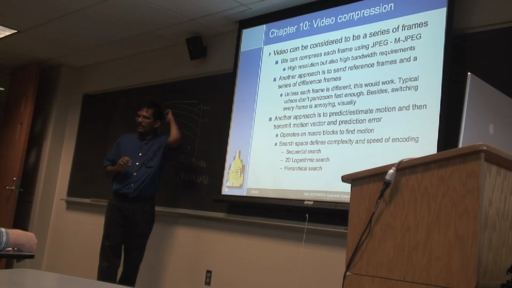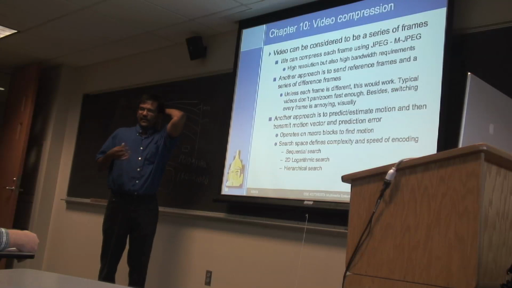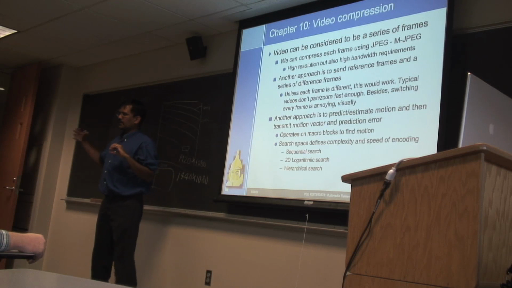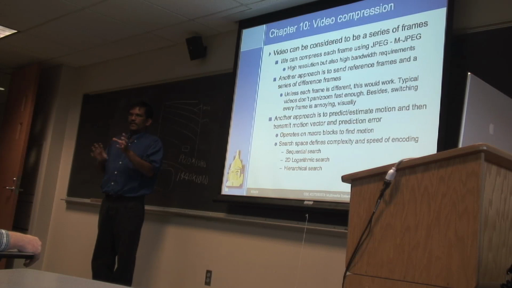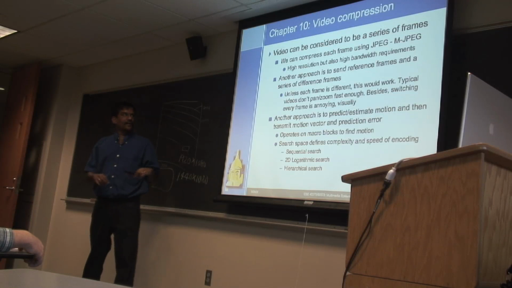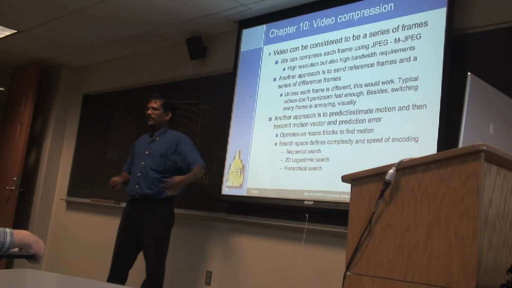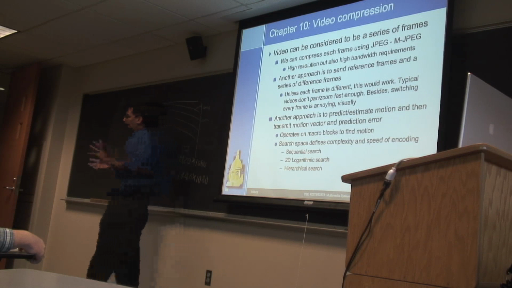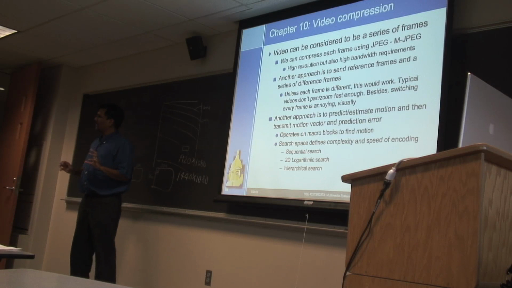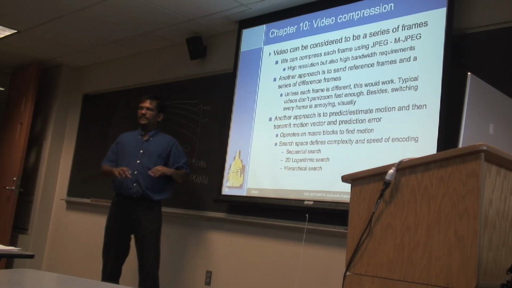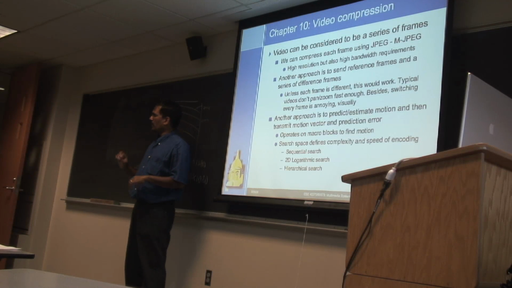And at some point, if you fail, like if a scene changes from one scene to another, these algorithms will try to find a movement, but the residue will be quite high because it's a different scene. By accident, some things may be similar. When that happens, they back out and send the whole block itself.